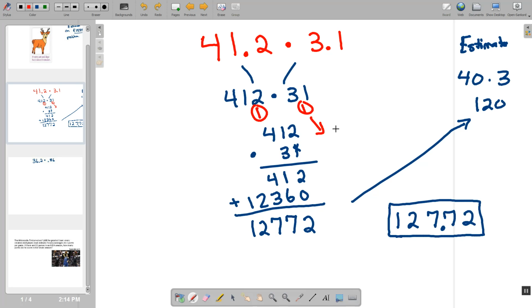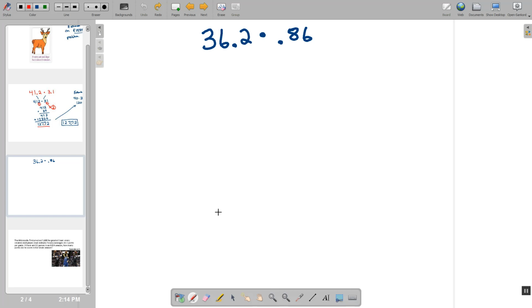Therefore, our answer should have 2 digits behind the decimal point. So when we're looking right here on where the decimal point should go, we can look at our estimation and think, which is closest to our actual number, or we can add up the total digits behind the decimal point and make sure that our answer has 2 digits behind the decimal point as well. Okay? A lot of information there, so we're going to try one more here.